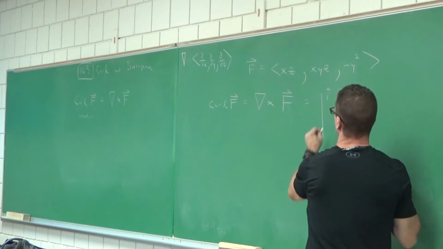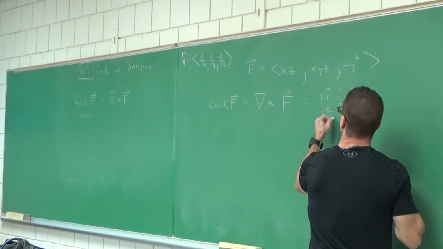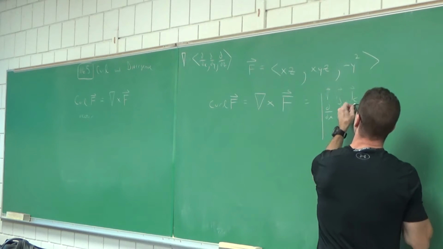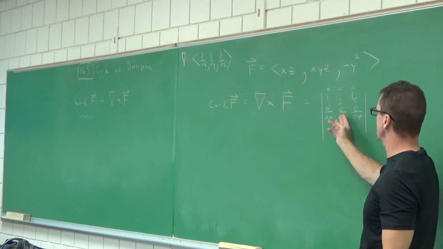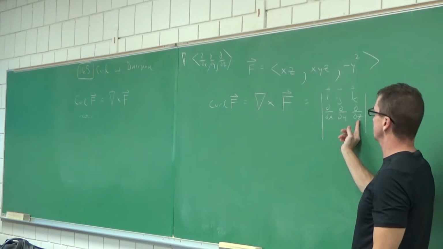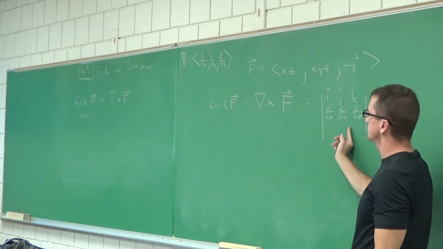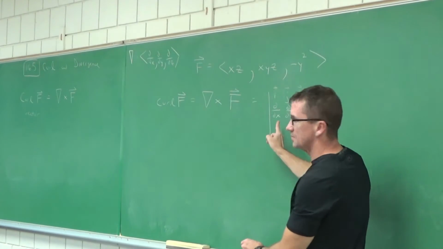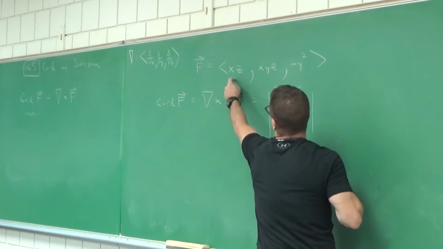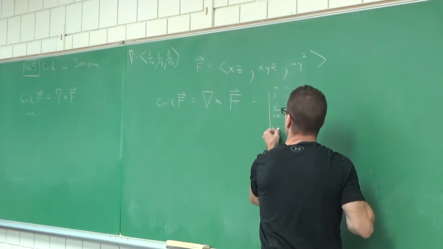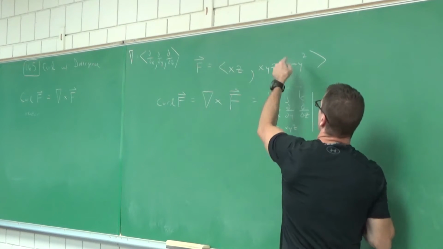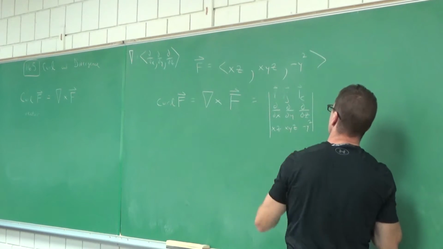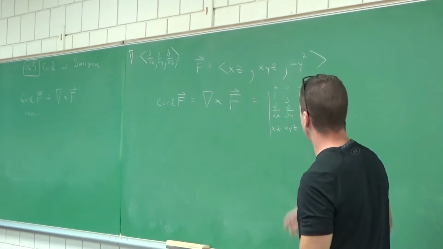Now, del is just what? d/dx, d/dy, d/dz. That's what I'm going to put for del. F is xz for the first component, the y component is xyz, and the z component is negative y squared.